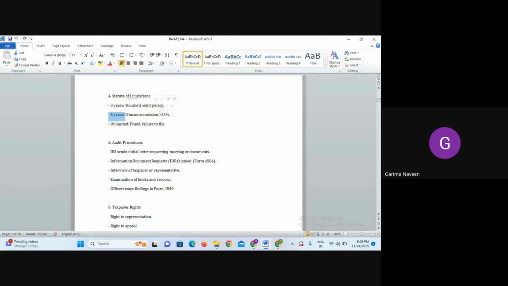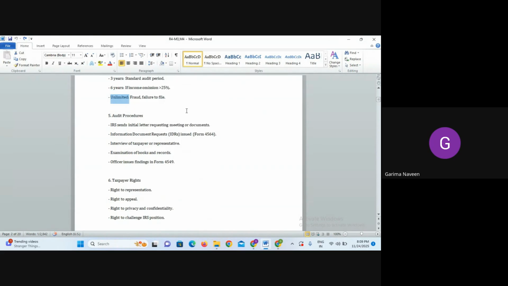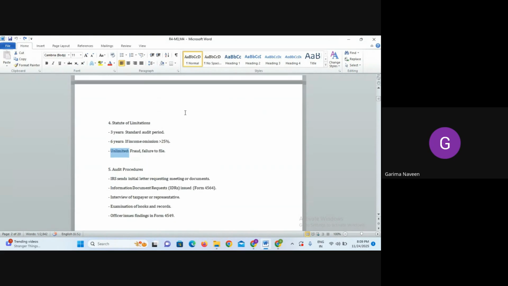It means up to 6 years they can come and ask you if there is any error or something omitted in your return. Or if you have shown something fraudulent in your tax return, then at any time the IRS can come to you and ask about fraud-related things. So this is the unlimited time period.